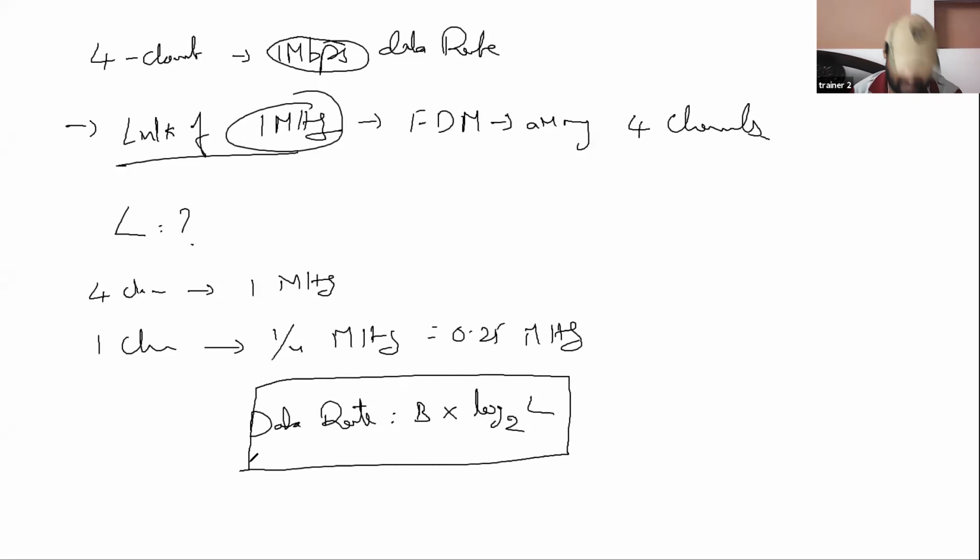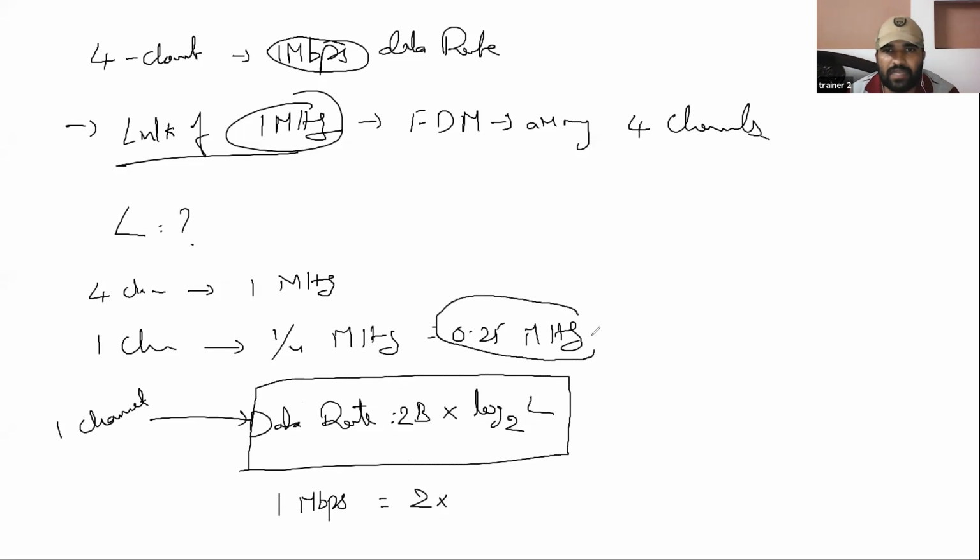I can only see one person responding. So it's 2B. Now, as you can see, this is with respect to one channel. So one channel data rate is 1 Mbps and one channel bandwidth that you can maximum get from your shared link is 0.25 megahertz. So the only parameter that you don't know is the L value.